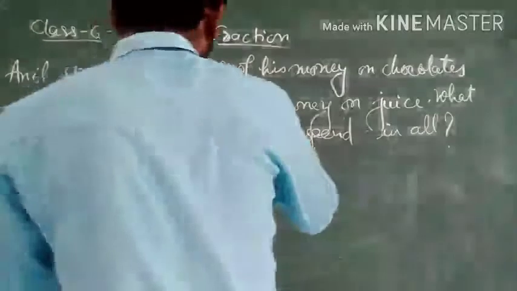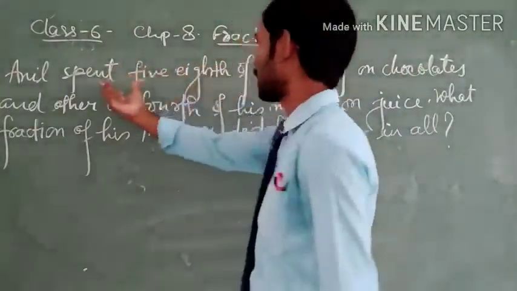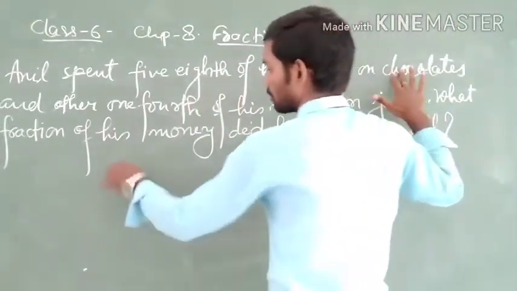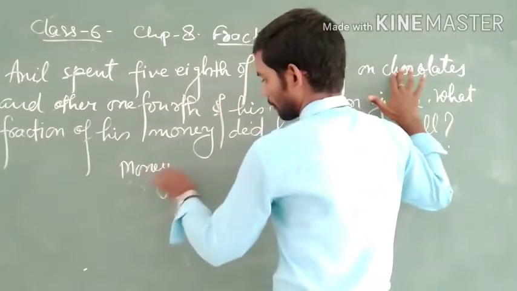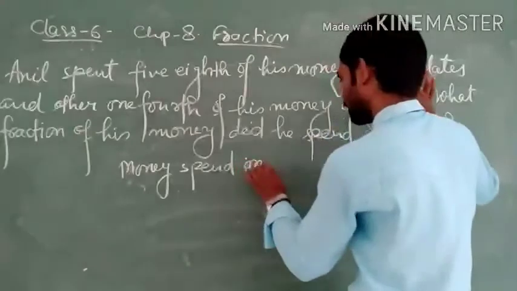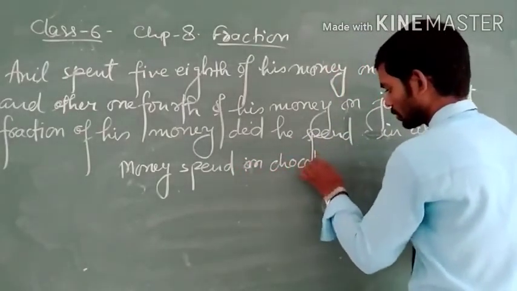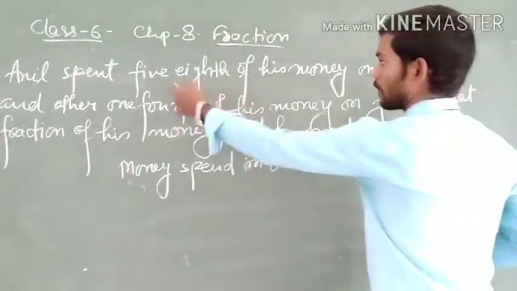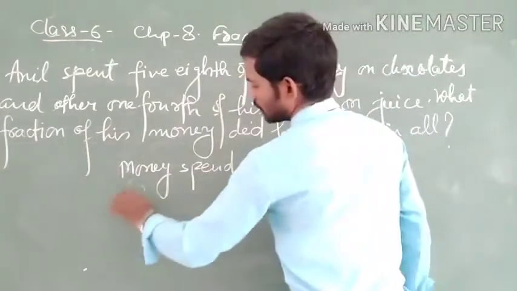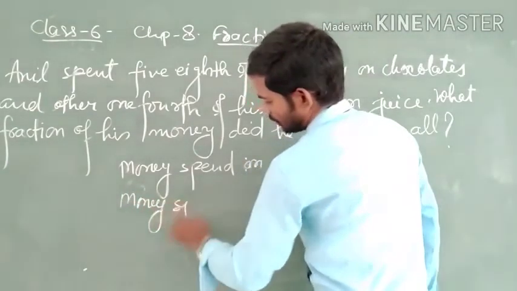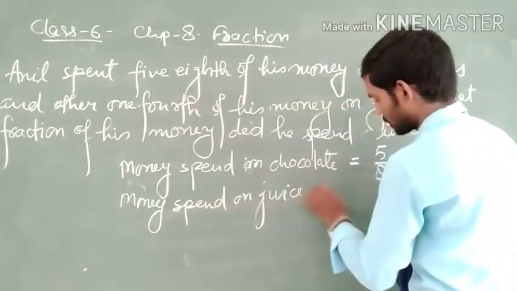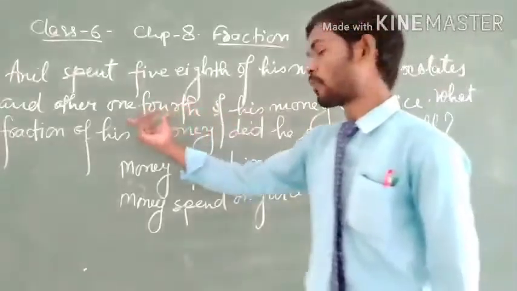So here we write money spent. The first is money spent on chocolate, which is equal to 5/8, that is 5 upon 8, and money spent on juice is equal to 1/4.